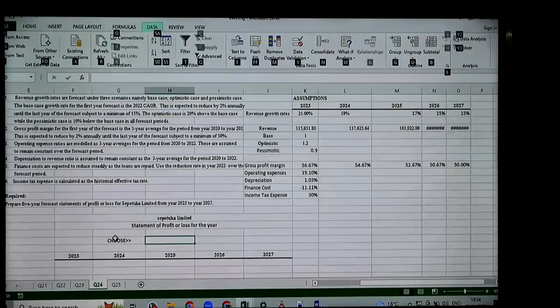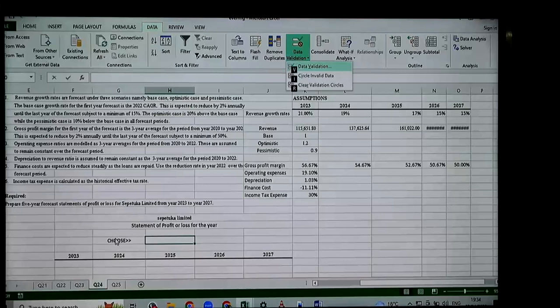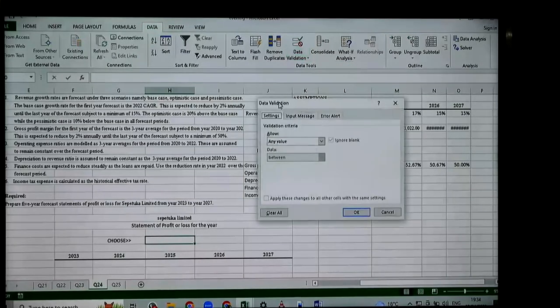Under data, I go to data validation. You can follow from up here. Under data validation, I'll go to list. So because we only have 3 scenarios, we'll have scenario 1, comma, scenario 2, comma, scenario 3. And then there's nothing else here. I will repeat the data validation after we finish.